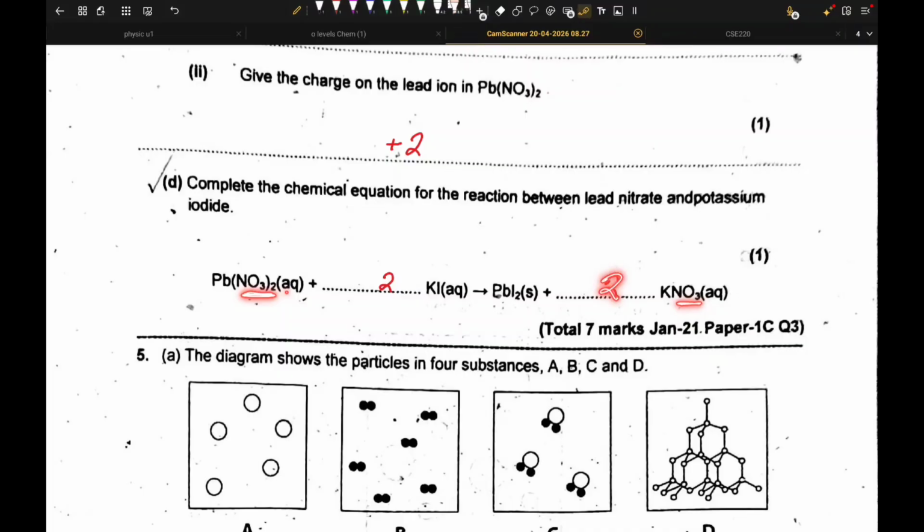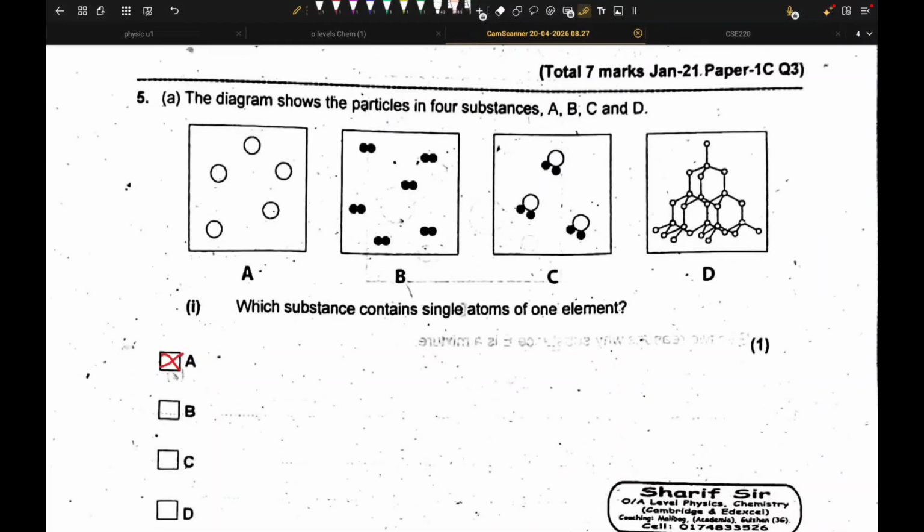So I put a 2 over here, and I have 2 potassium over here, so I need to make this also a 2. I put a 2 over here, and now it is fully balanced. 1 lead, 1 lead, 2 iodide, 2 iodide, 2 potassium, 2 potassium, 2 nitrates, 2 nitrates. All of them are balanced on either side of the equation. So that's what makes a balanced equation.